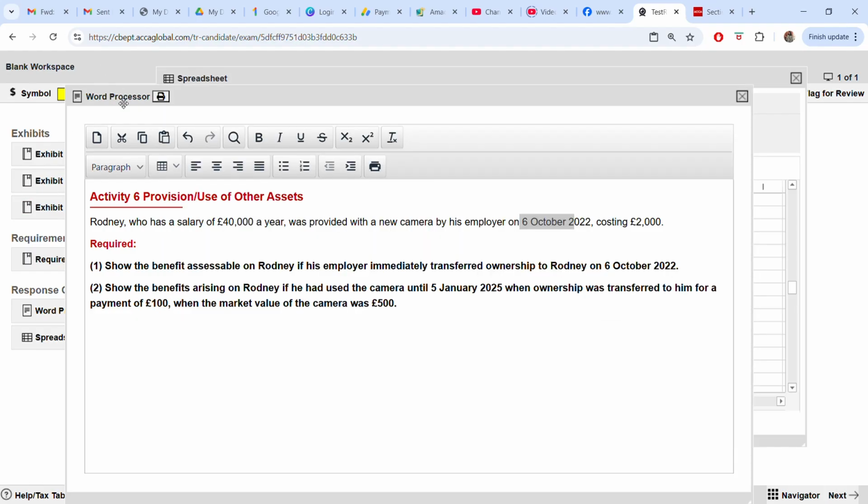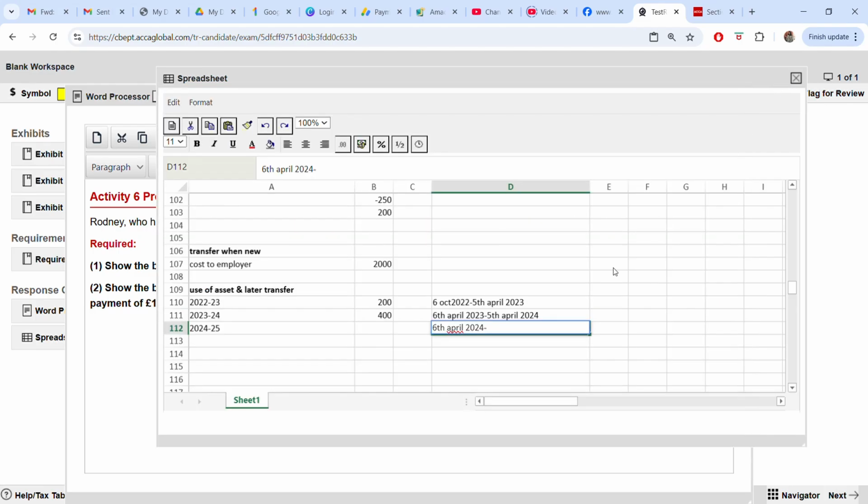What is the date? 5 Jan 2025. How many months? If you calculate, it is 9 months. So this you have to take 20% of 2000 into 9 months. 300.